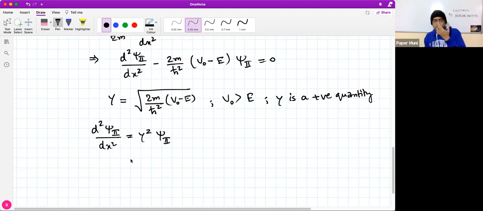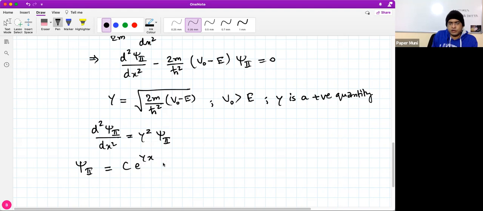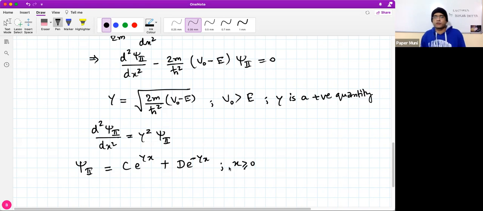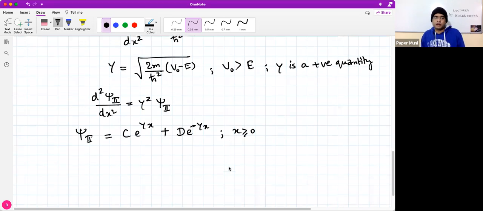The solution will be C e to the power gamma x plus D e to the power minus gamma x. I hope you understand how you get these solutions from differential equations. If you don't remember, you can look up how to get the solutions for these kinds of equations. I will not get into that part.